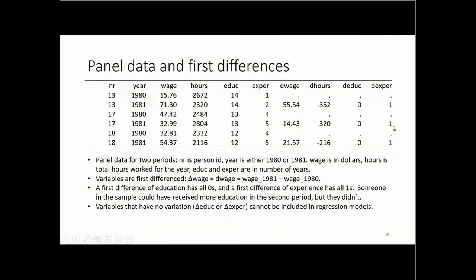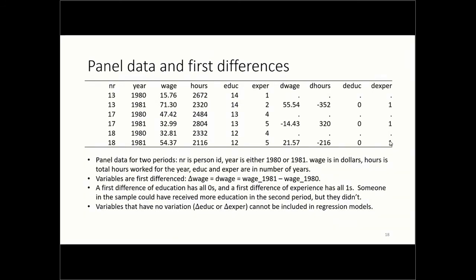Now, that didn't have to happen. Somebody might have gotten more education, but in the sample, no one did. And so therefore, these variables that are time invariant like that, or that change in very deterministic ways over time, when we take the first differences, are basically a constant.